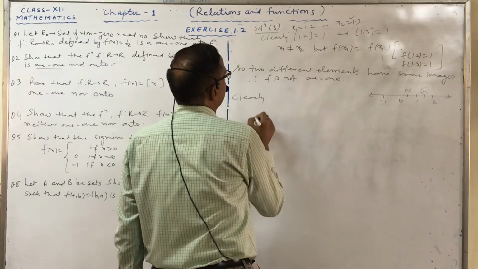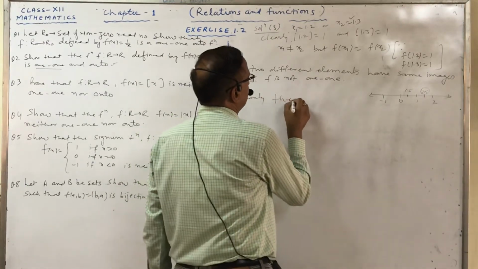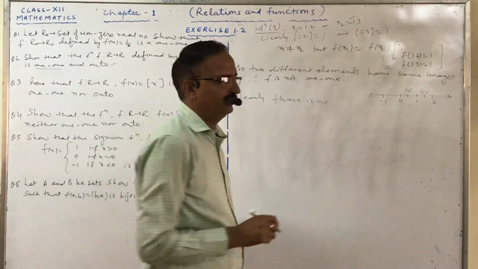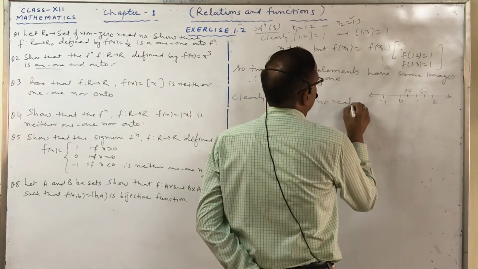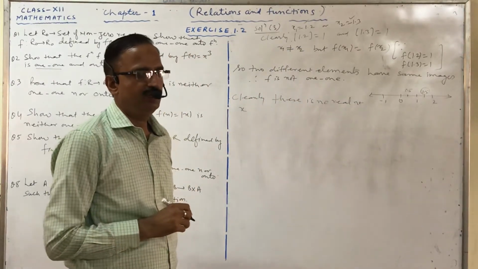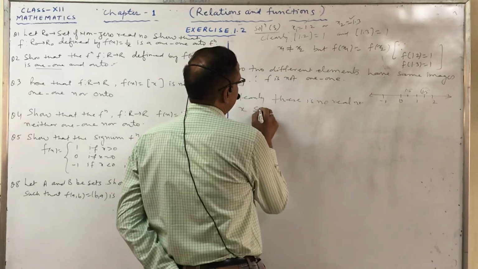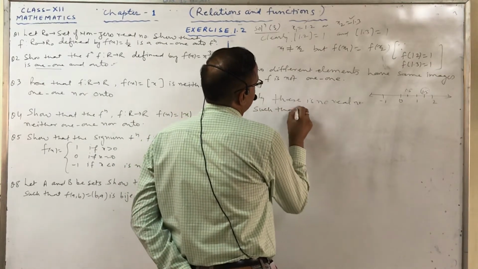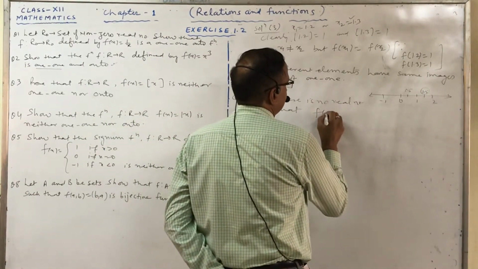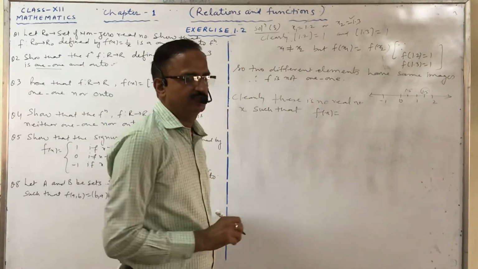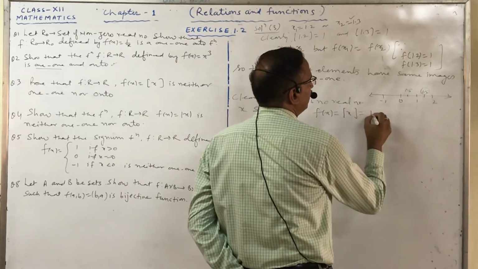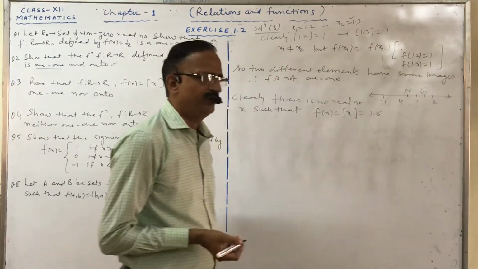So we can write clearly, there is no real number x such that f(x) equals 1.5, or 0.5.